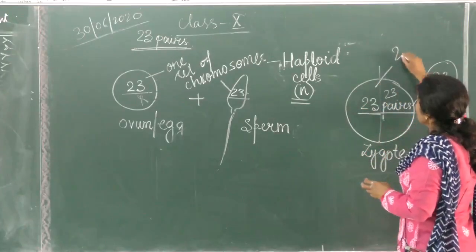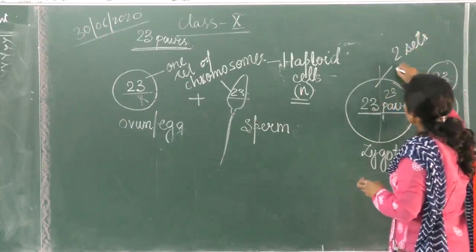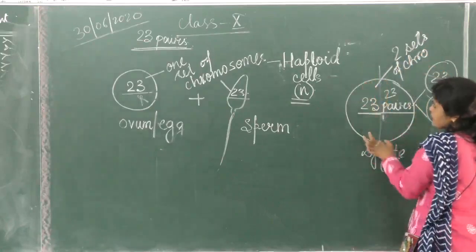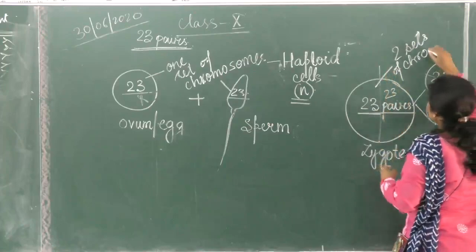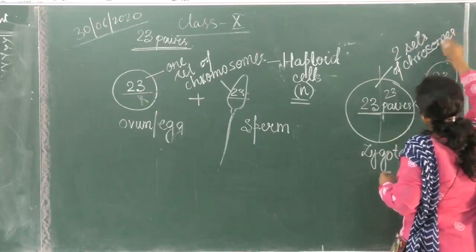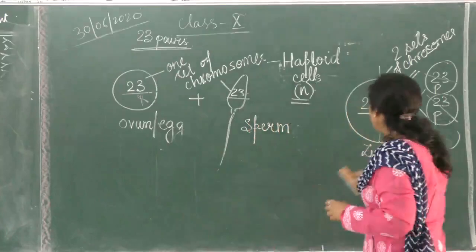This cell is having 2 sets of chromosomes. The first 23 is one set, the next 23 is another set. Is it clear?